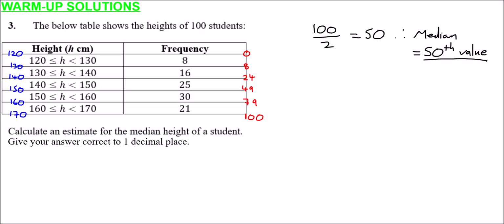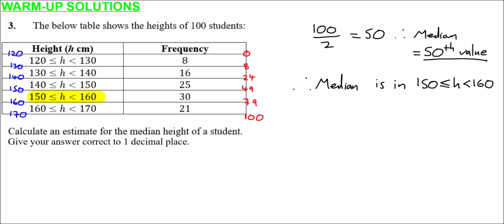That tells us that the median must be in this interval. So because it's 50th, we can therefore say the median is in this one. So it's in 150 to 160.